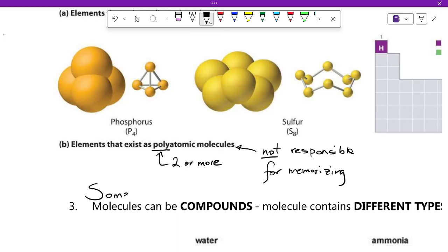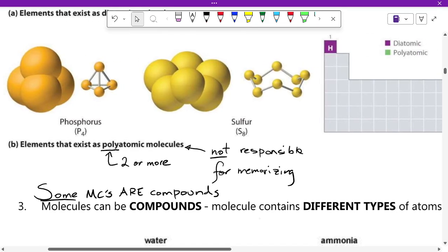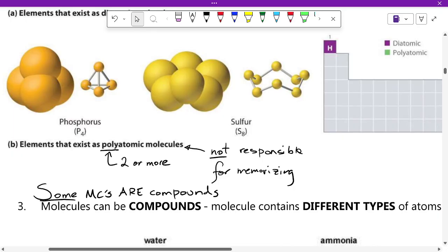Some molecules are compounds. Not all of them. Tell your partner why not all of them. Some of them are elements and compounds. A compound has to be made out of two or more different types of elements.